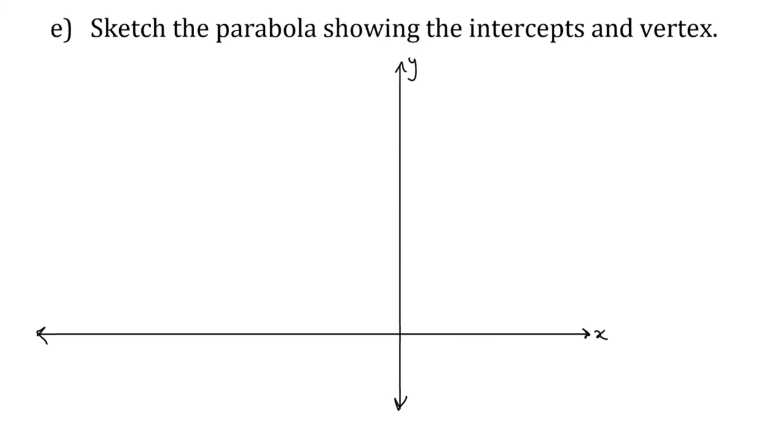Now, when I drew my axes, you could just draw a cross. You know what I mean by that? You don't have to have them off to the side the way I've done it. It's up to you. But I did it this way because I know that it opens down. I know that my x-intercepts are negative 8 and 4, so it's more to the left than it is to the right. So that's why I've got my x-axis going off to the left more.